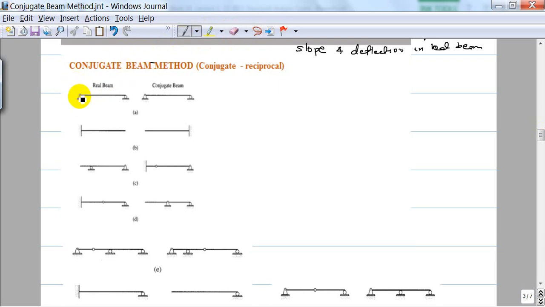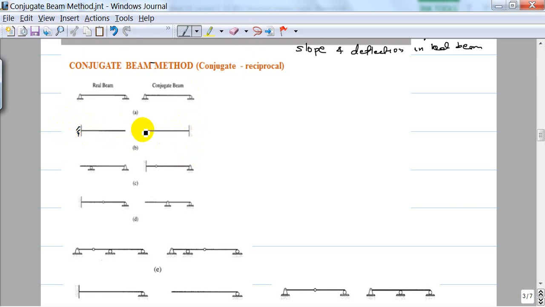you have a pin support here and a roller support here. In the conjugate beam, it's going to be a pin and roller, as discussed earlier. And if you have a fixed end here and a free end here, it becomes free here and fixed here. Why? Here it's fixed, so there can be moment and shear force.